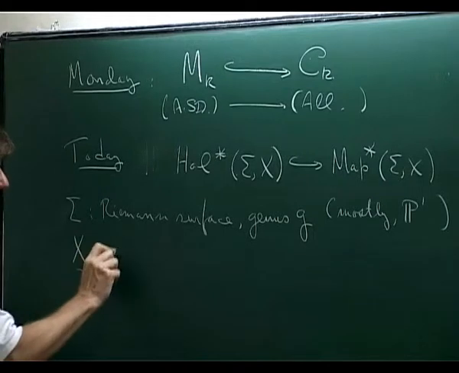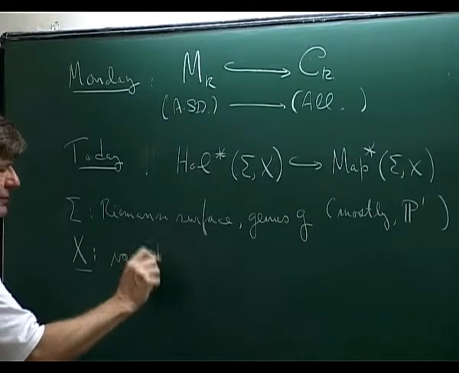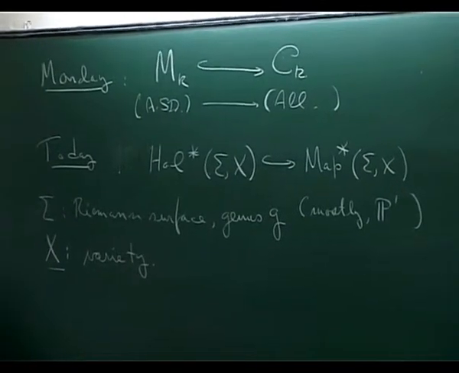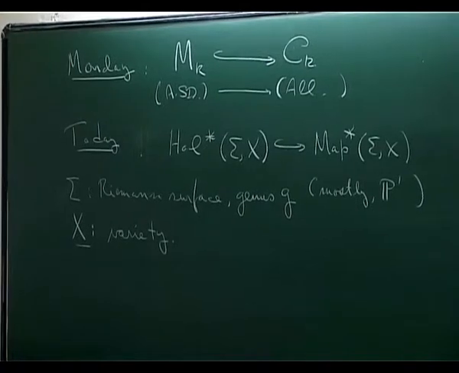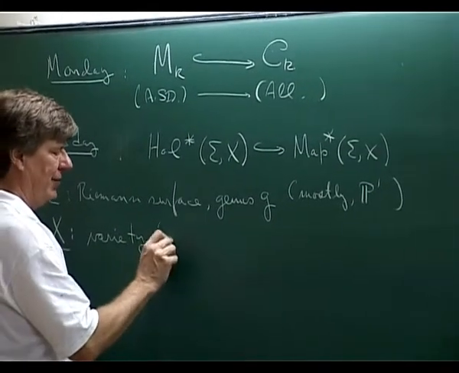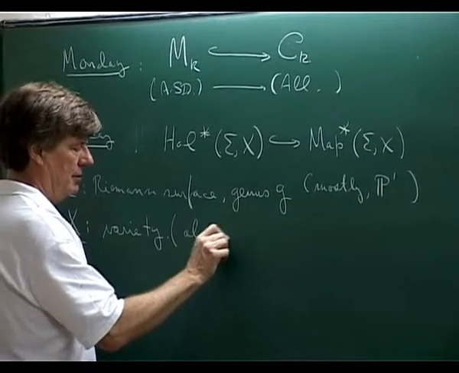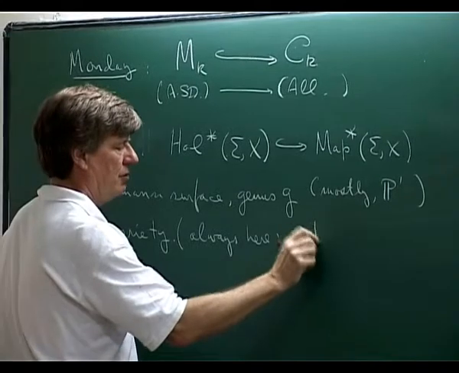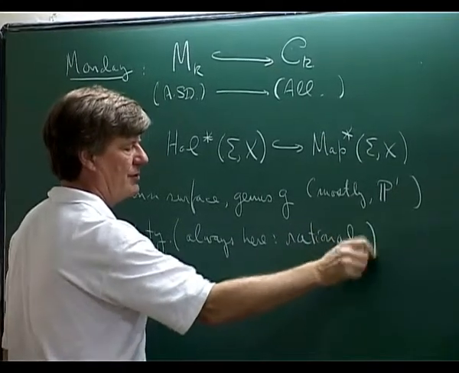X is going to be a variety, always a rational one. And in fact, there's going to be varieties of a special type.